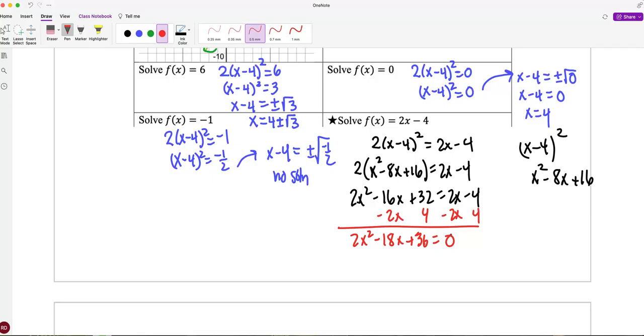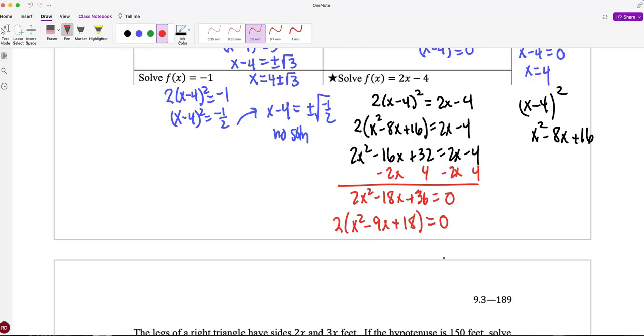I can solve this by factoring. If I factor out a 2, x squared minus 9x plus 18 equals 0. What numbers multiply to 18 and add to negative 9?